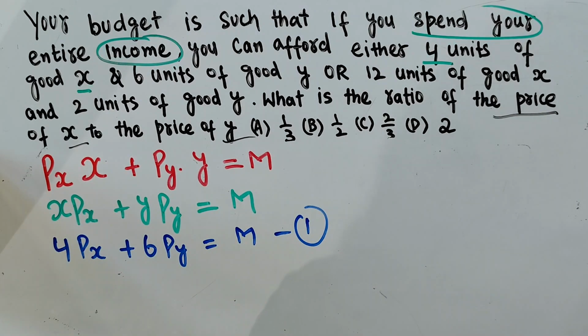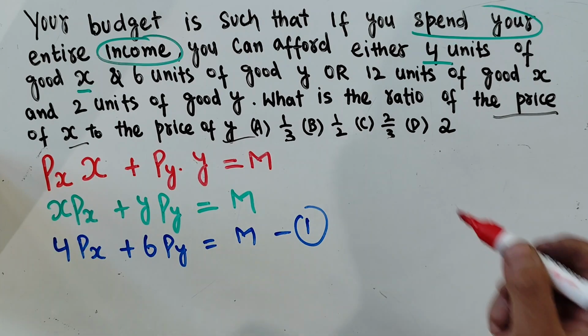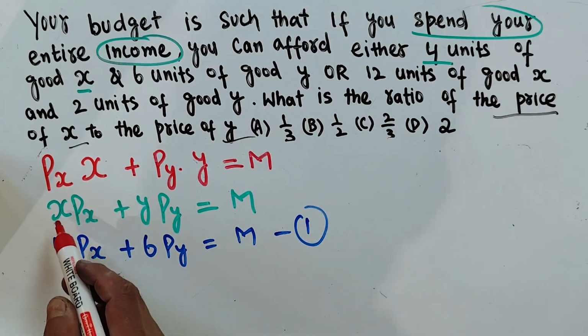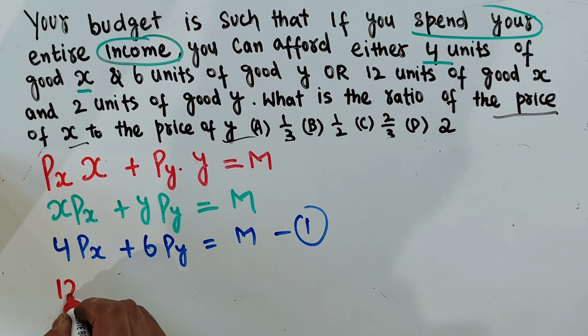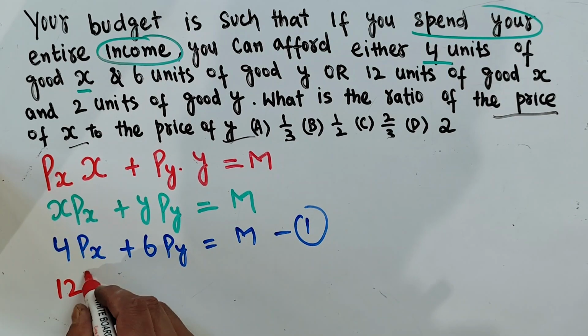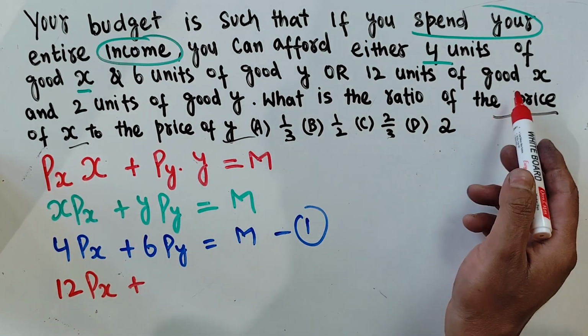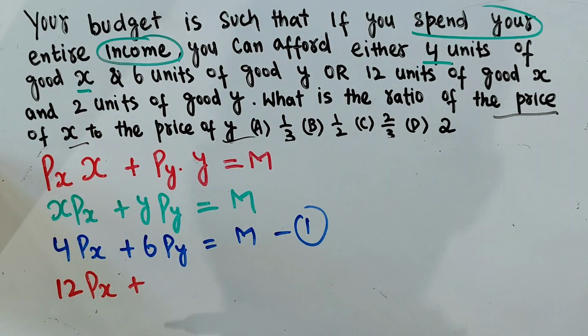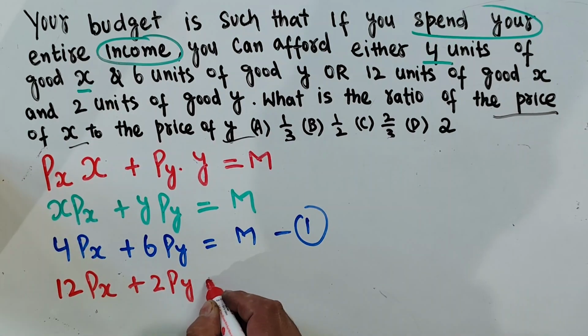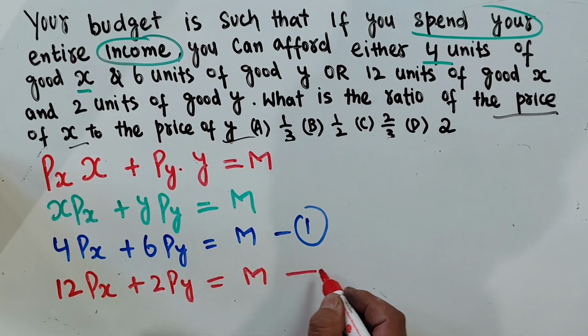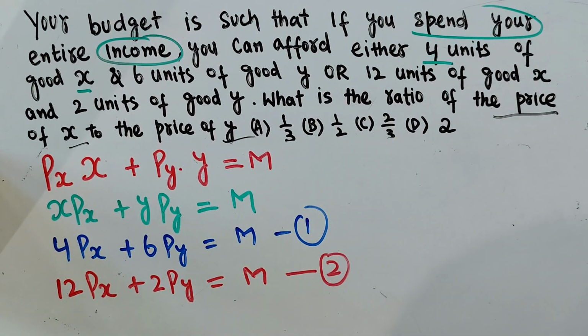In another scenario we are being told we can afford 12 units of good X, so in place of X we write 12 times price of X, plus we can also afford 2 units of good Y, that is 2 times price of Y should be equal to M. Let us say this is equation second.